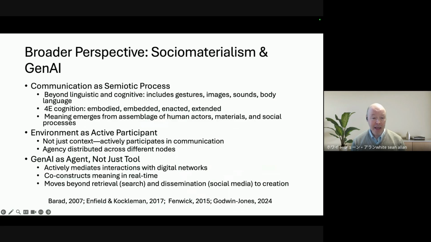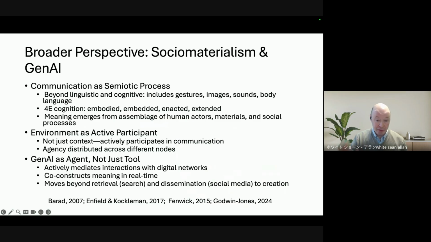It actively mediates interactions with digital networks, co-constructs meaning in real time, goes beyond retrieval, searching, right? At least the digital technologies that we have been involved in with the development of the internet, going from searching to dissemination, right? To actual creation, right? And so with that, you have increased agency of technology, right?